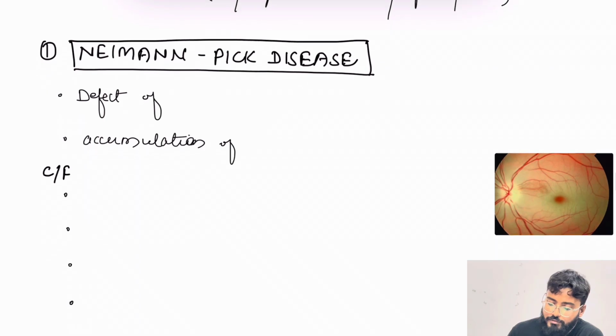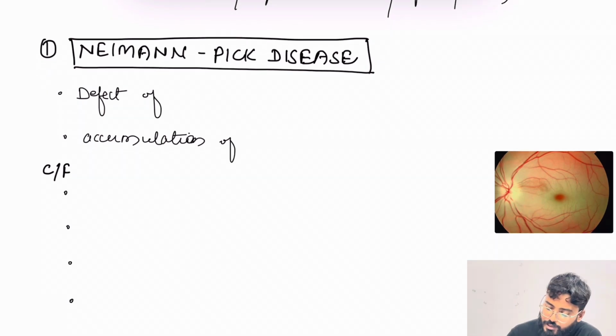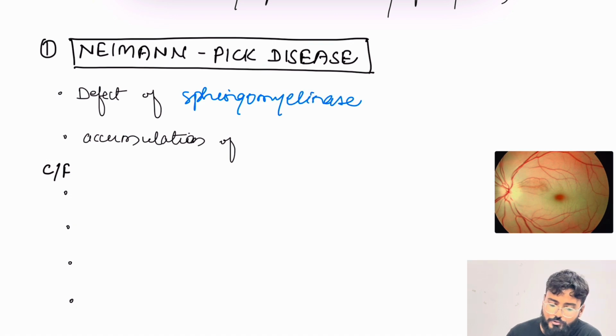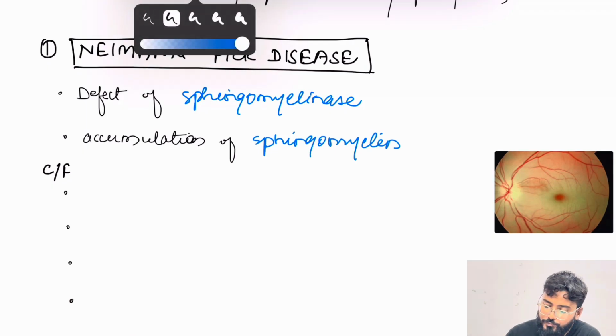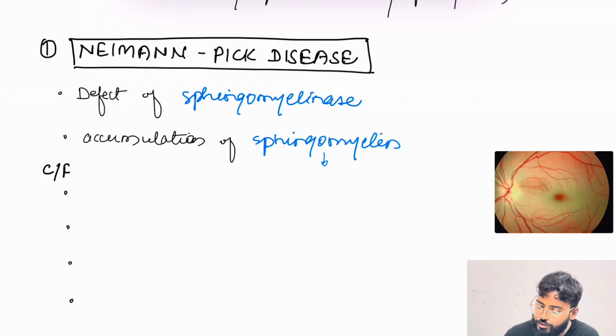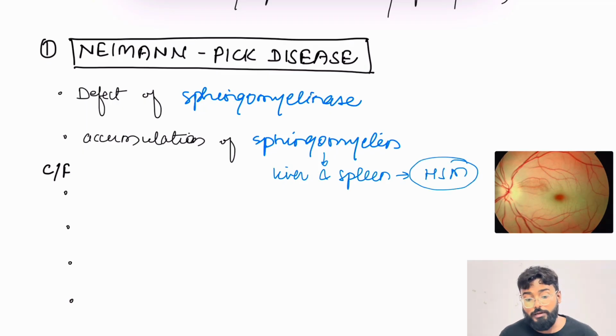The enzyme defective here is sphingomyelinase, and the substrate that is going to get accumulated is sphingomyelin. That's obvious by the name. And this sphingomyelin is going to get accumulated in the liver and spleen, which in turn is going to lead to hepatosplenomegaly.